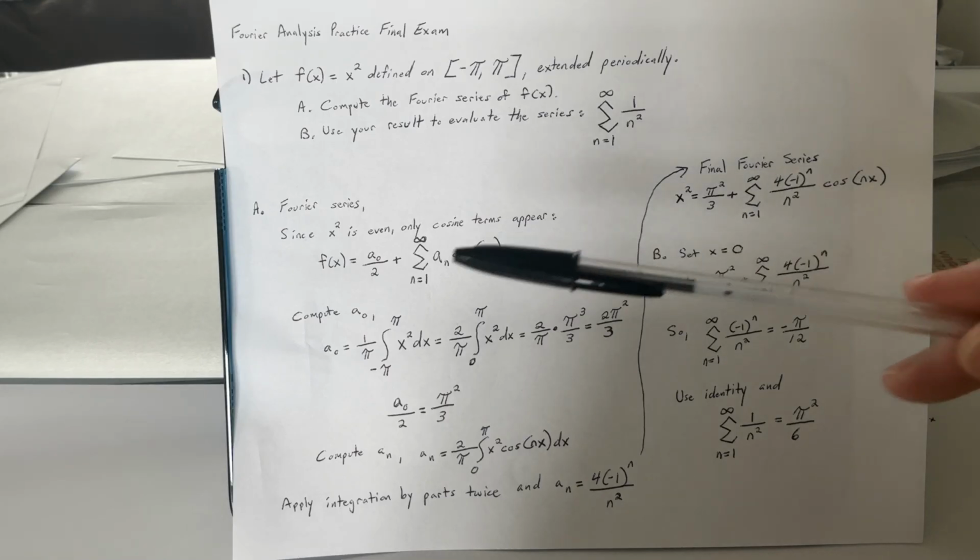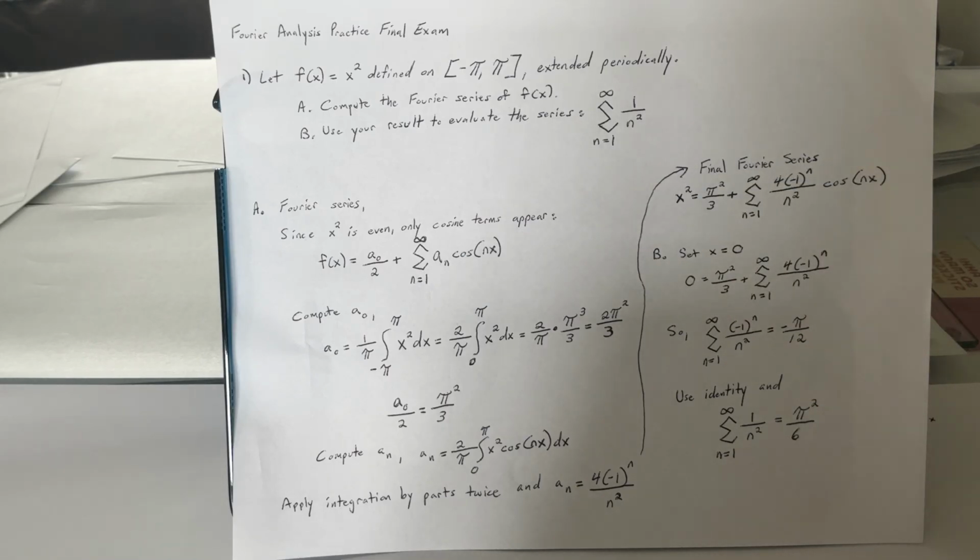So x squared is going to equal pi squared over 3 plus the summation n starting from 1 to infinity, 4 times negative 1 to the n over n squared, cosine of nx.